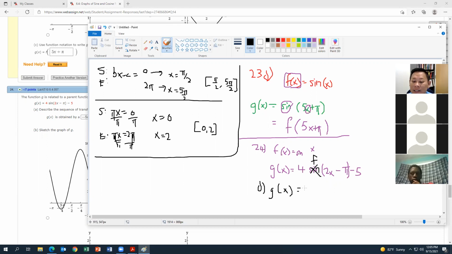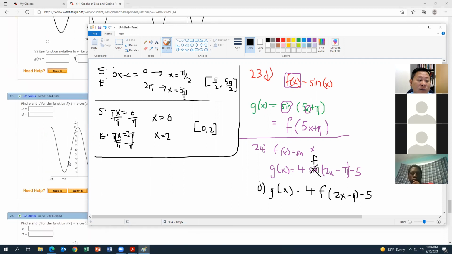So your answer in this case will be 4 f 2x minus pi minus 5. So it's as easy as that.